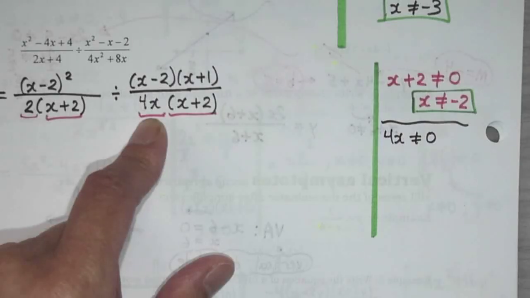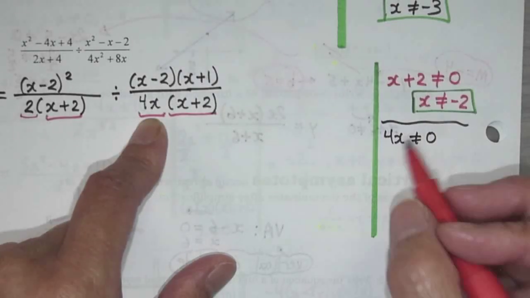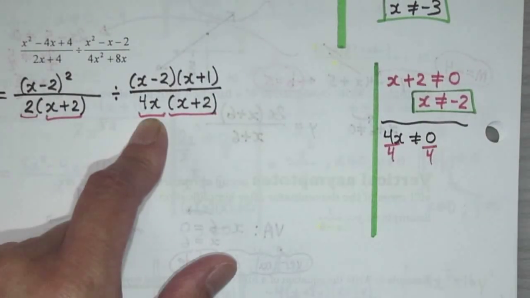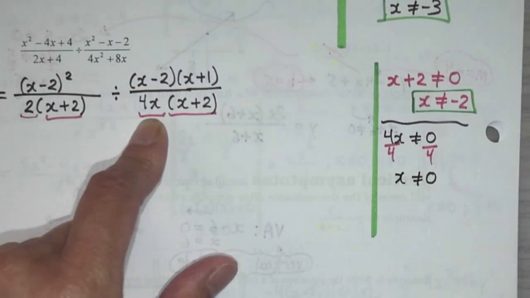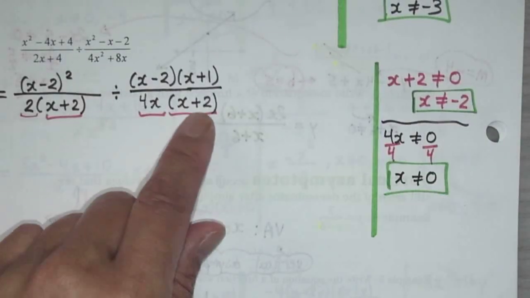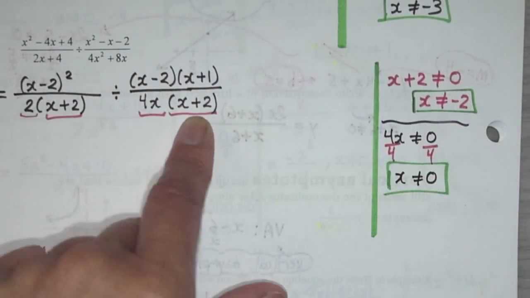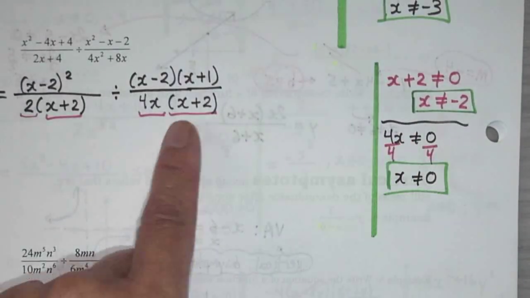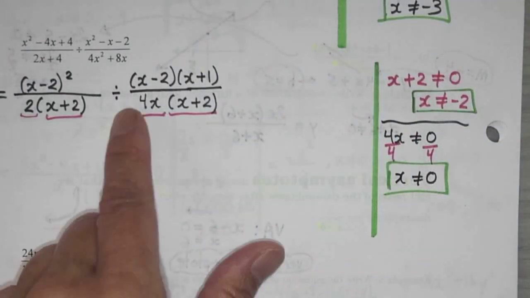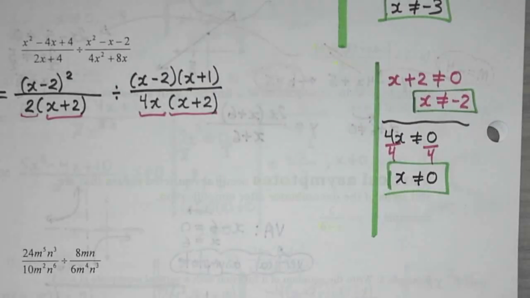How do you get rid of the 4? Divide both sides by 4. Good. So x cannot equal 0. There's my other restriction. How about this one? I did it already. So don't do it again. We already did that one. So we got that one covered. Don't repeat yourself. Okay, so those are all the denominators.